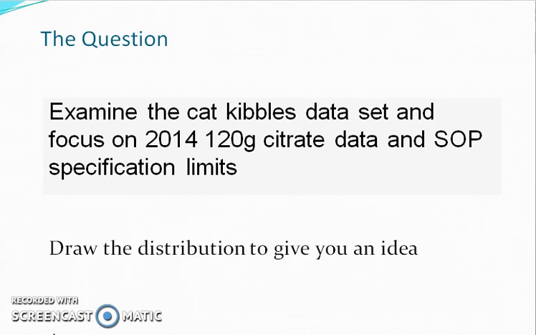The homework question asks: examine the cat kibbles data set and focus on the 2014 120 gram citrate data and the SOP specification limits. I know that all of you are aware of this data set. We've used it throughout the semester from the beginning, and you've also used it for your midterm exam.